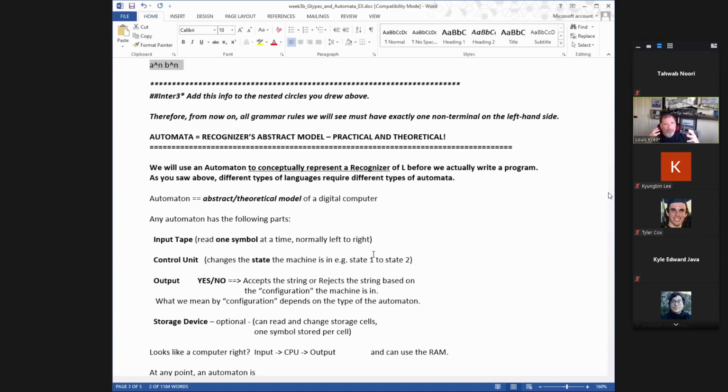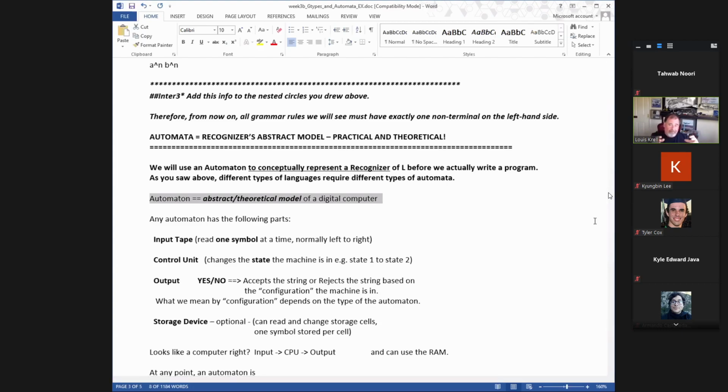It's what the machine we're going to build is going to look like to determine if the string is accepted by the automaton. And as you saw above, we have different types of automaton. You have your FA, finite automaton, or finite state machine, or the push-down automata.